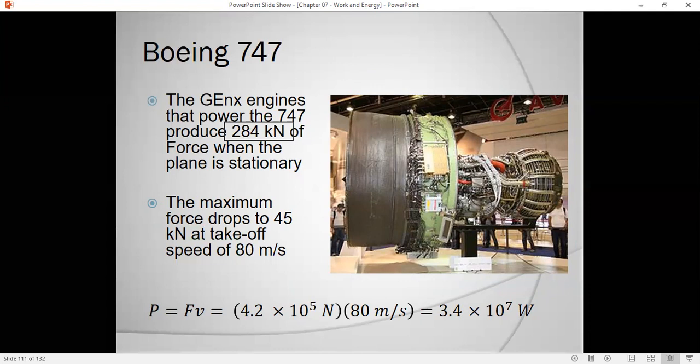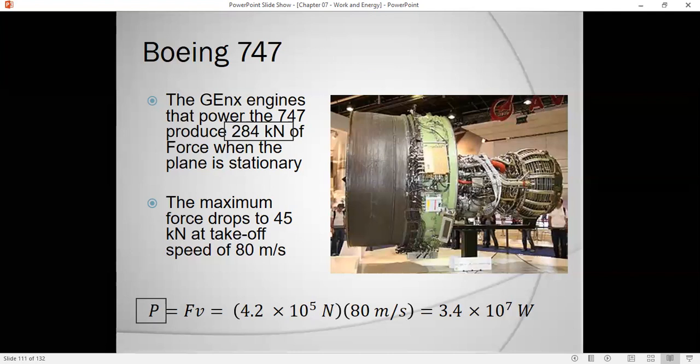Again, as you go faster and faster, the power output we listed before was 140 megawatts with all the engines going.